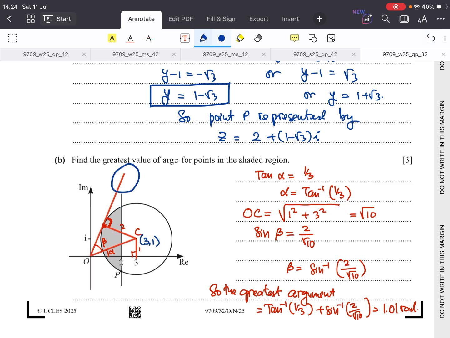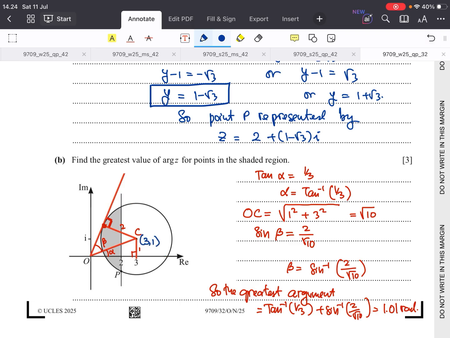This line is also tangent to the circle. So how to find this angle? In order to find that angle, we will split this angle into two, angle alpha and angle beta.